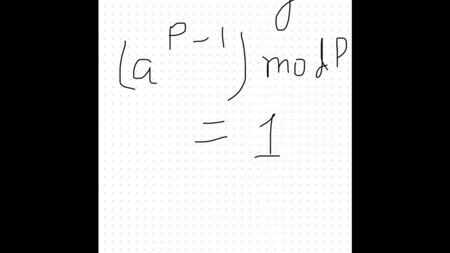So it's a very powerful result. It says that for any two relatively co-prime numbers, if you raise A to the power P minus 1 and then divide by P, you will get the remainder as 1.